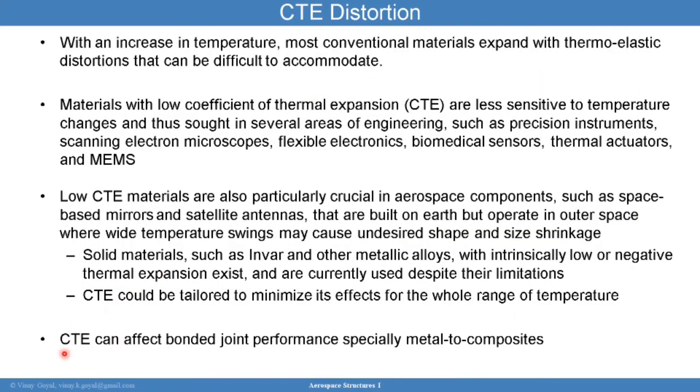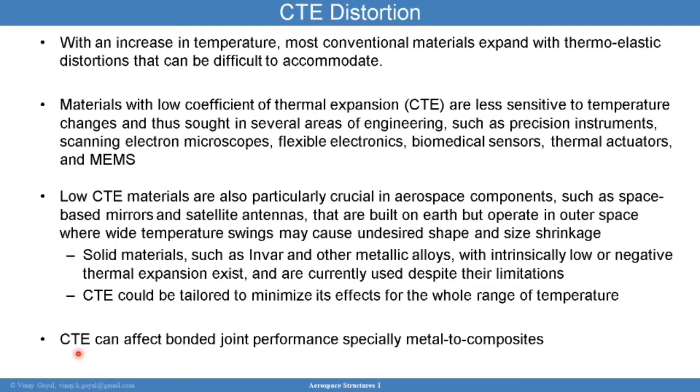This issue, particularly the CTE, could be a significant issue when it comes to spacecraft applications, where spacecraft usually use bonded joints, but they're also exposed to on-orbit temperatures that are quite extreme on the hot and cold side. Both of those extremes can be a problem.